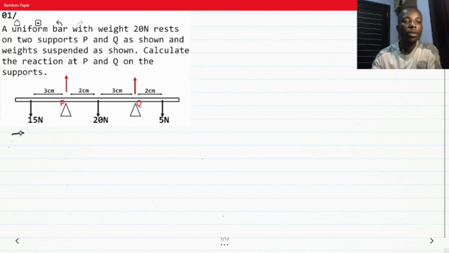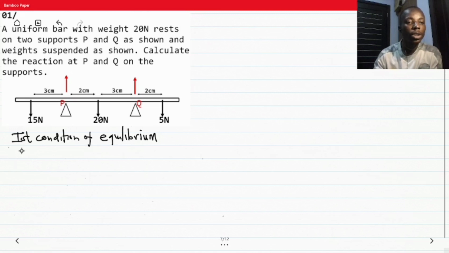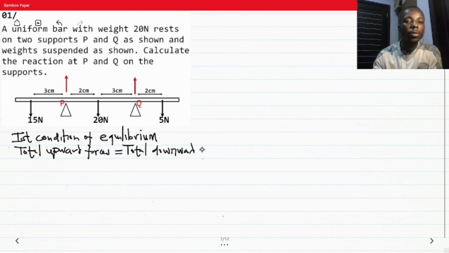To start this example, I'm going to recall the first condition of equilibrium. And that condition goes: total upward forces is equal to total downward forces.